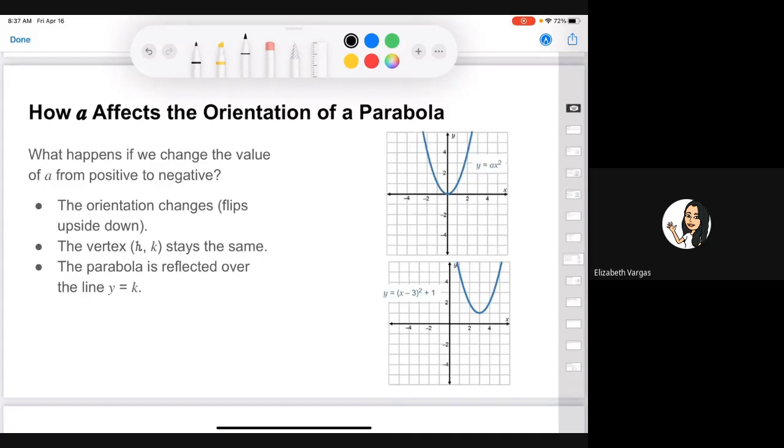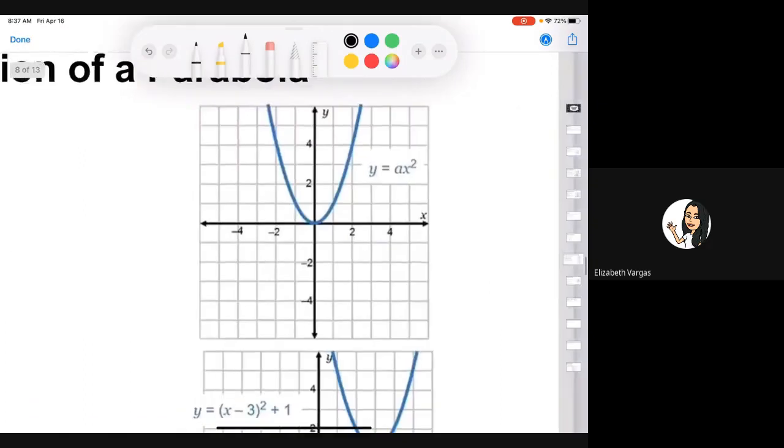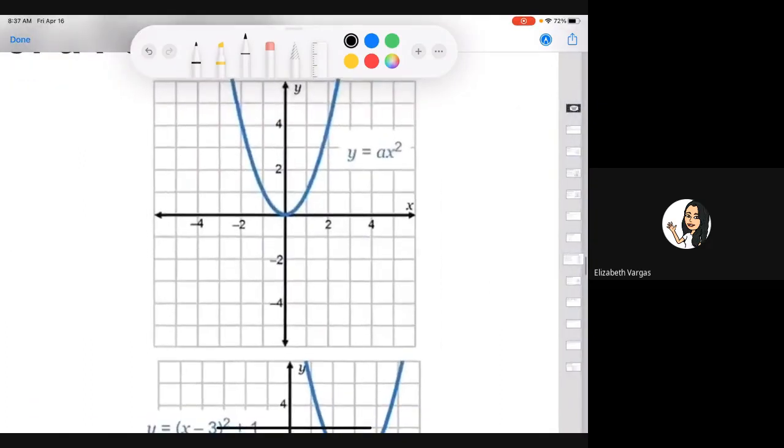Here I have 2 equations, and if I change a from positive to negative, my vertex will stay the same, but my graph is going to be flipped. So whenever I have a negative a, my graph is flipped.